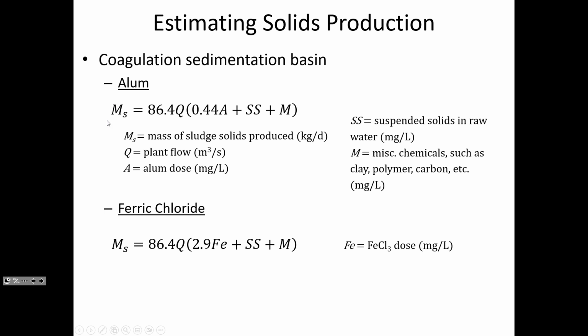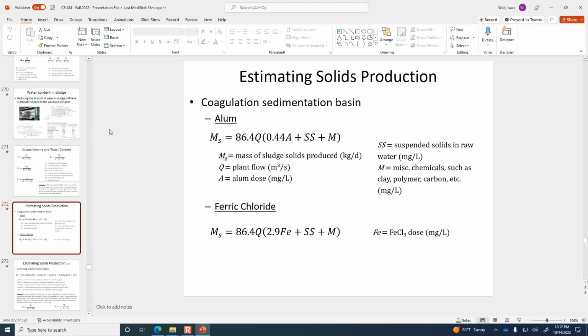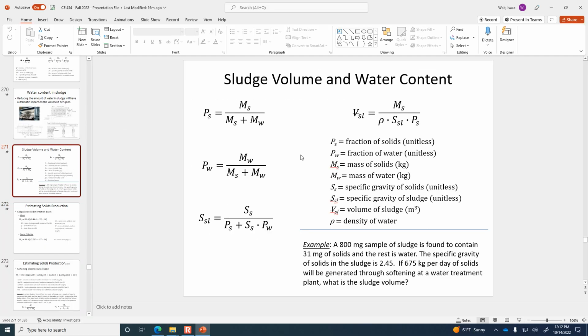And so then if you know this mass of solids and you know some of the characteristics like the sludge specific gravity, the amount of water, then you can find the volume of sludge.